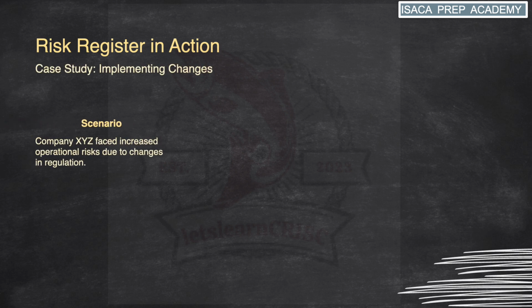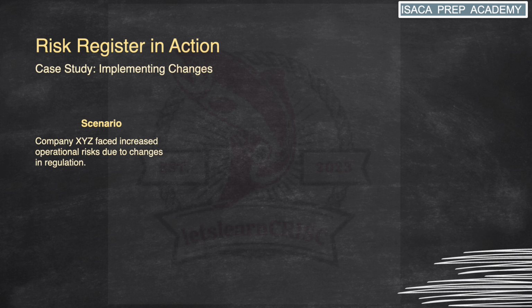First scenario. Friends, in response to changes in regulation, let's say company XYZ faced heightened operational risks within its operation. And these regulatory changes likely introduced new compliance requirements or altered existing standards, impacting various aspects of the company's operations, processes, and procedures.